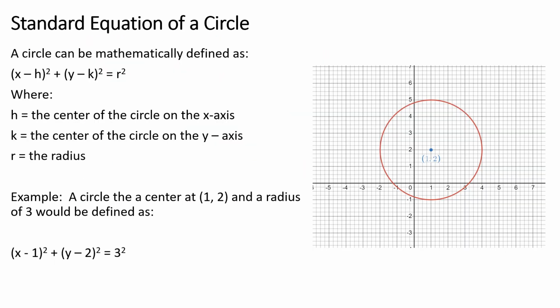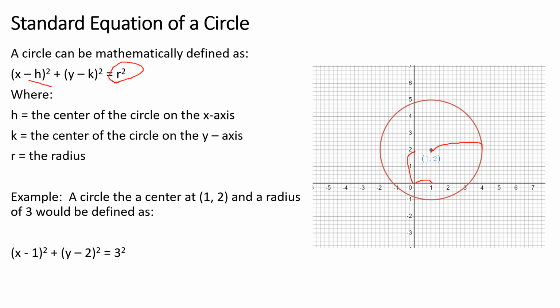The equation for a circle is (x minus h) squared plus (y minus k) squared equals r squared, where r squared is the radius squared. Again, the radius is from the center point to any point on the circle. Our h is the center point on the x-axis, and our k is the center point for the y component.